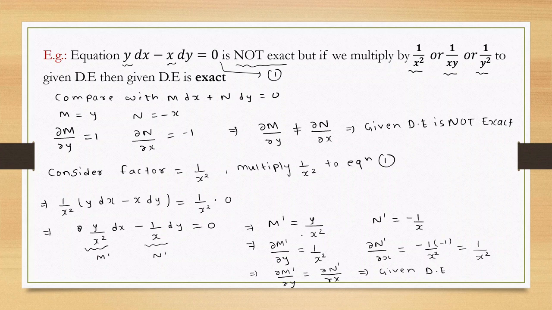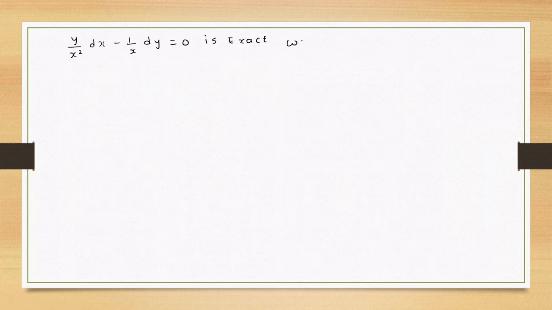That means suppose we have a non-exact differential equation, but we can convert it into an exact one by multiplying a factor, and that factor is called the integrating factor. So in this case, the integrating factor is 1/x².